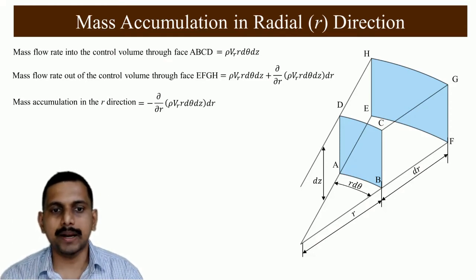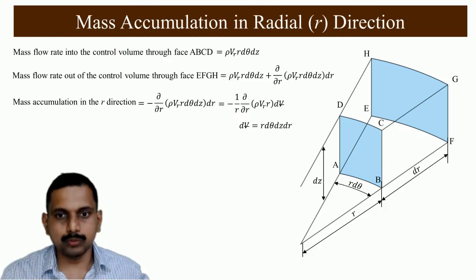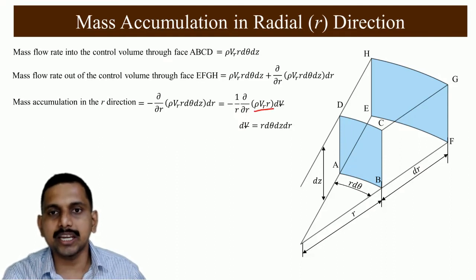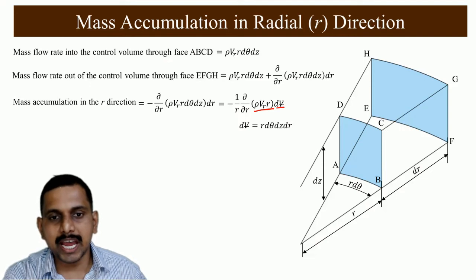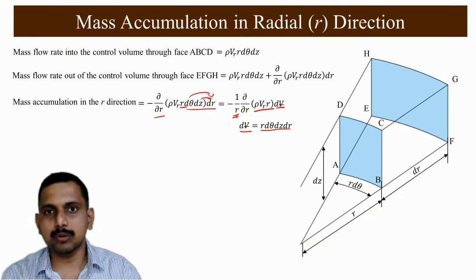So that would be minus dou by dou r of rho Vr r d theta dz into dr. This can be written as minus 1 by r dou by dou r of rho Vr r into dV, where dV is r d theta dz into dr. Since that r inside the differential cannot be taken outside, dV is equal to r d theta dz, and to compensate for that we have this 1 by r. So this is the mass accumulation in the r direction.